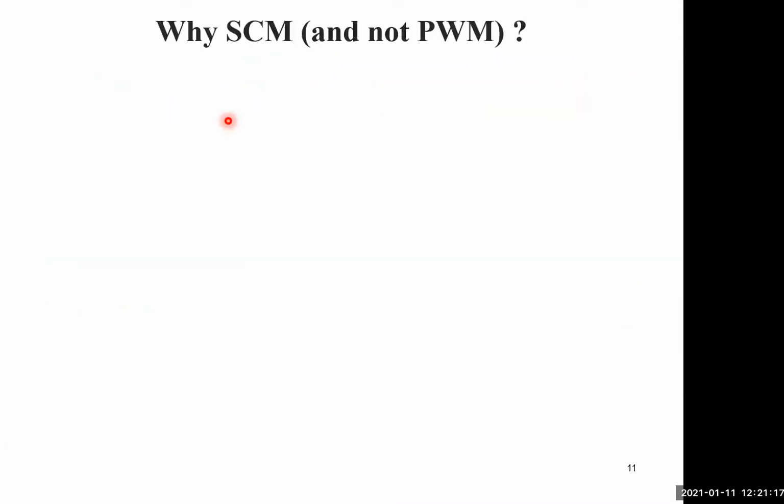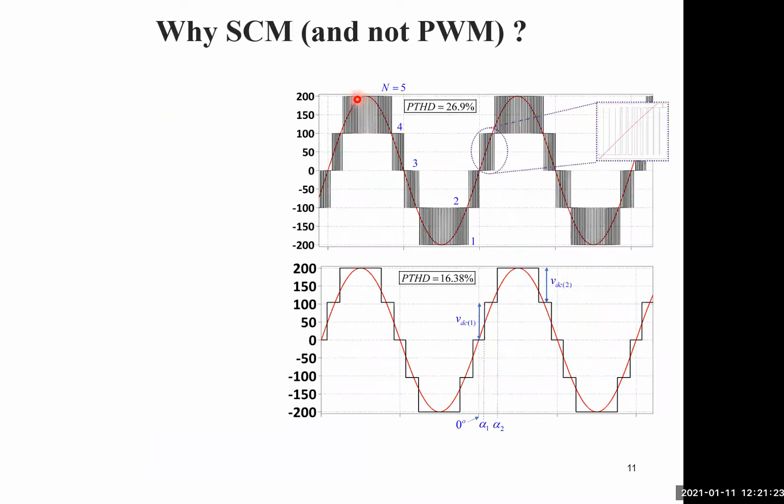Okay, so why SCM and not PWM, especially why we want to apply SCM to multi-point clamp grid-connected inverters. Let's have a look at this simulation result. We have 5 levels of phase voltage of PWM, okay? And this is the same 5 levels with SCM.